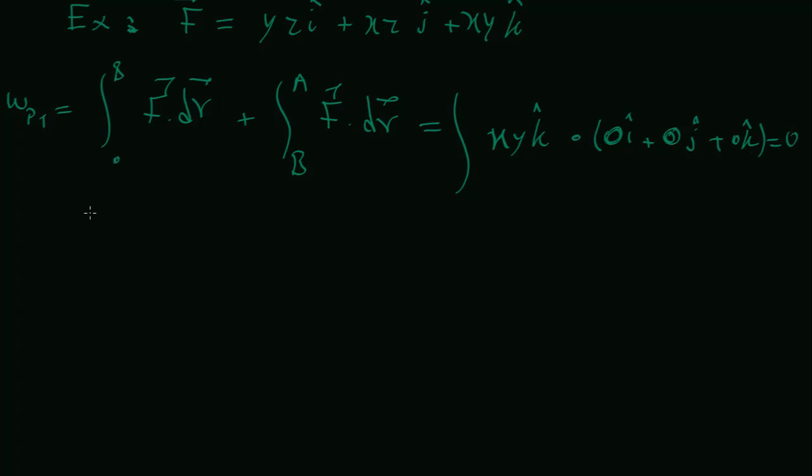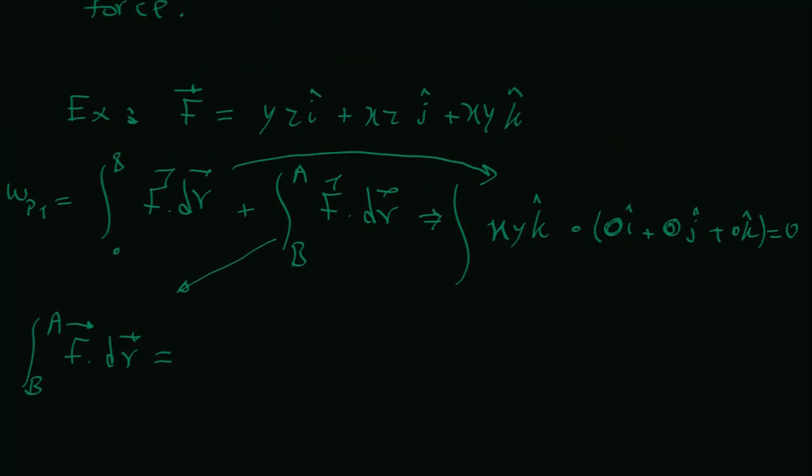Then from point B to A, this was basically the first term, so this was only this integral. For the integral from B to A, we have F dot dr. On the path B to A, we saw that x is equal to y is equal to 1, and z is equal to z, the parameter of the curve.